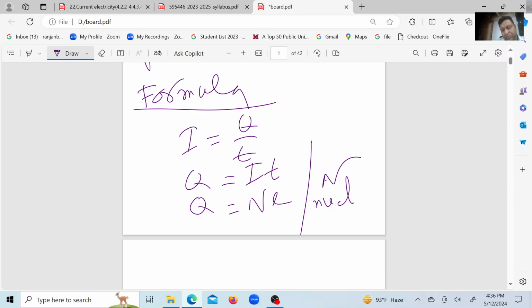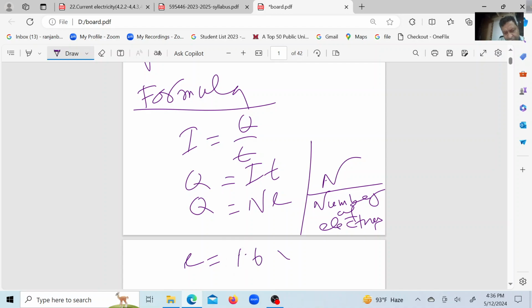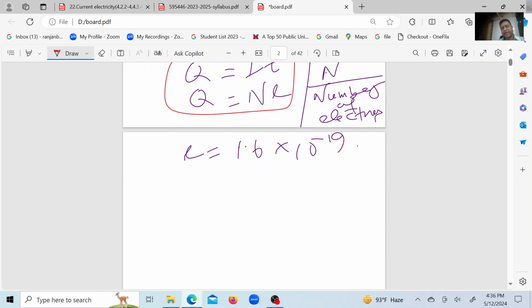You know, electron movement most of the time creates current. E is the charge of one electron, 1.6 times 10 to the power minus 19. So memorize these two: Q equals IT and Q equals NE.